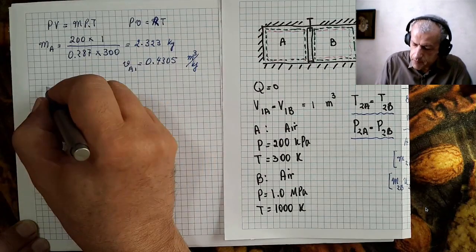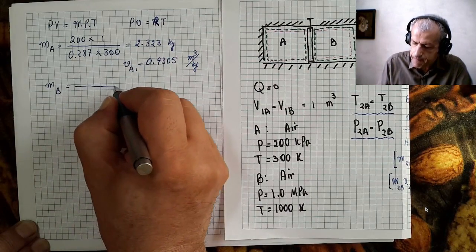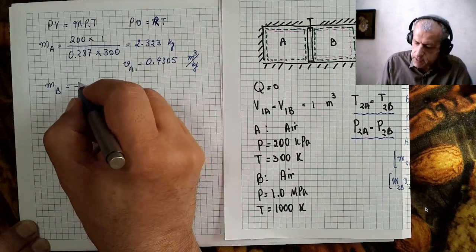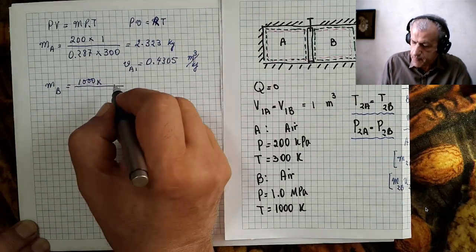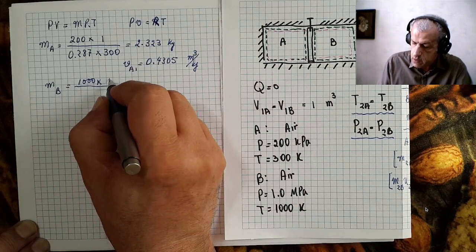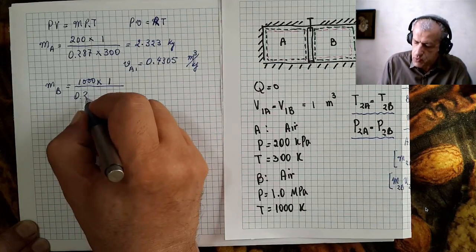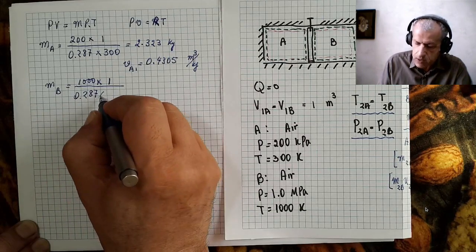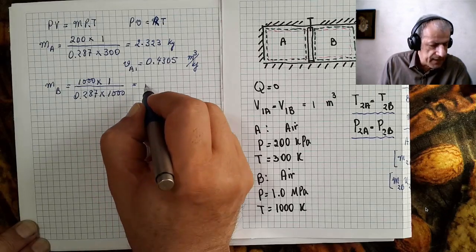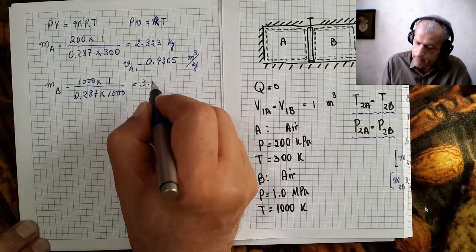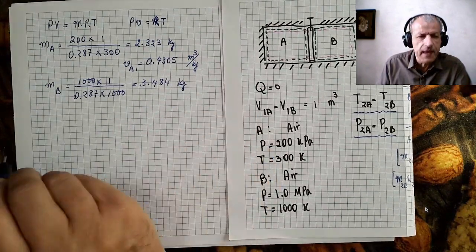So mB would equal 1000, the initial pressure, times 1, which is its volume, divided by 0.287 kilojoules per kilogram Kelvin, times 1000, and that is 3.484 kilograms.